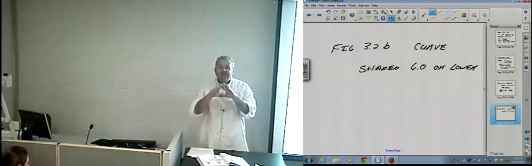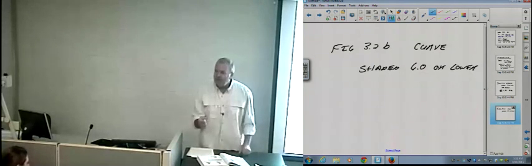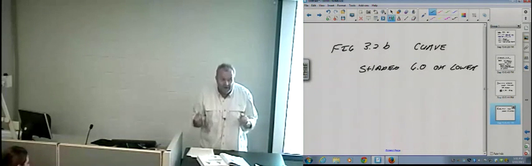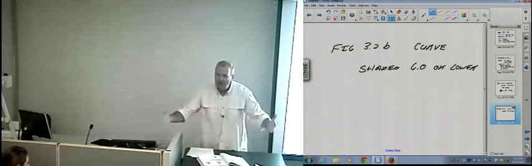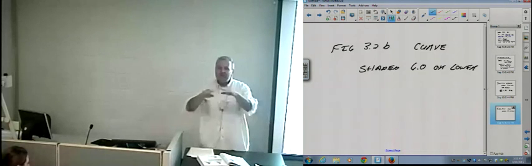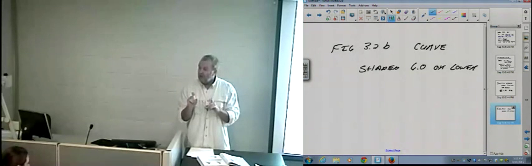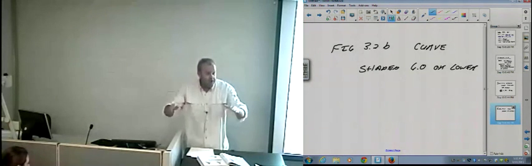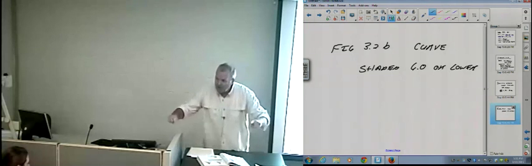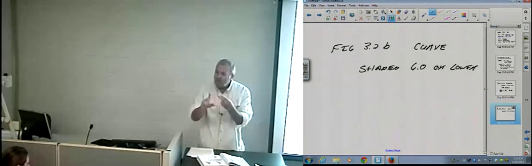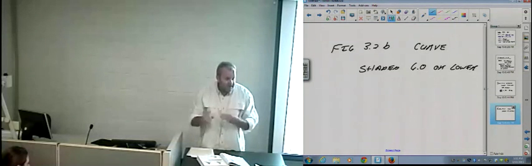Why? Because that area represents a proportion of 1, which represents a percentage of 100%, which represents all the observations. Just like all the bars in the histogram has an area of 1, that smooth curve does the exact same thing. Area is 1, proportion of 1, percentage of 100%.